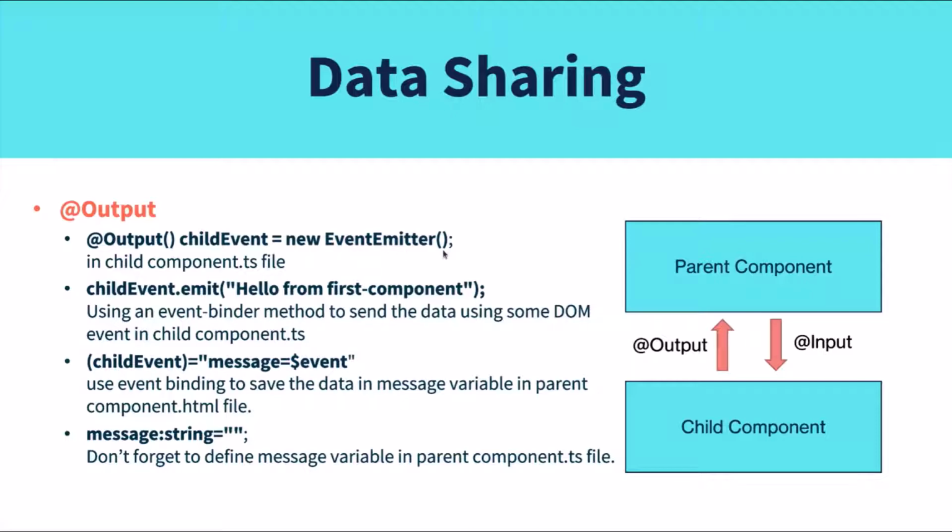Then within a method of this child class, we called this child event and used its emit method, and there we gave the string which we want to send from the child component to the parent component.